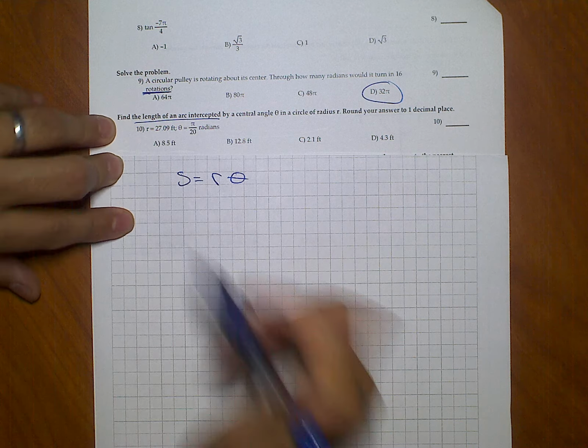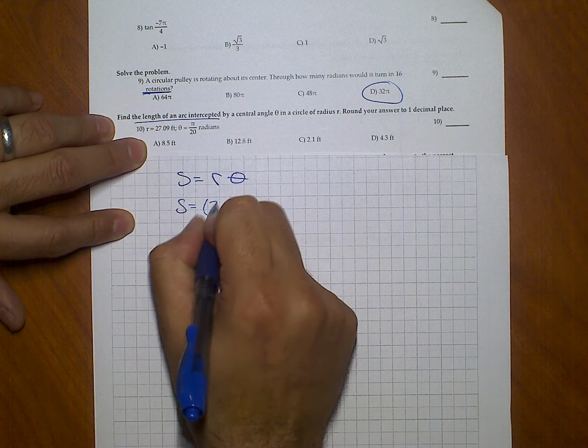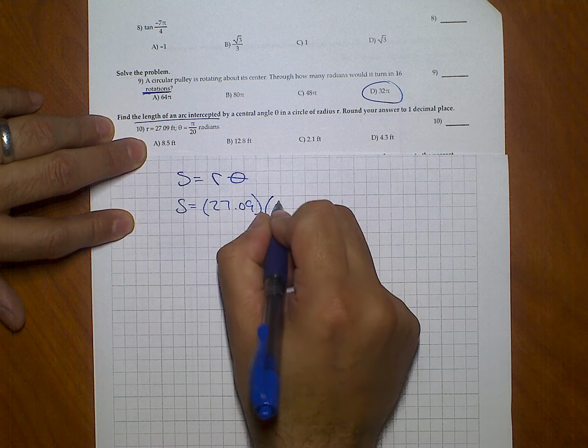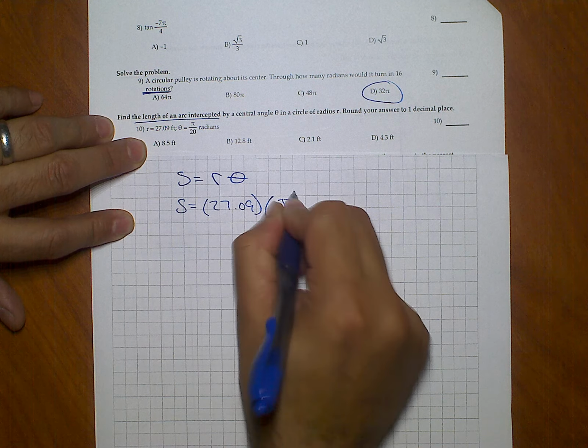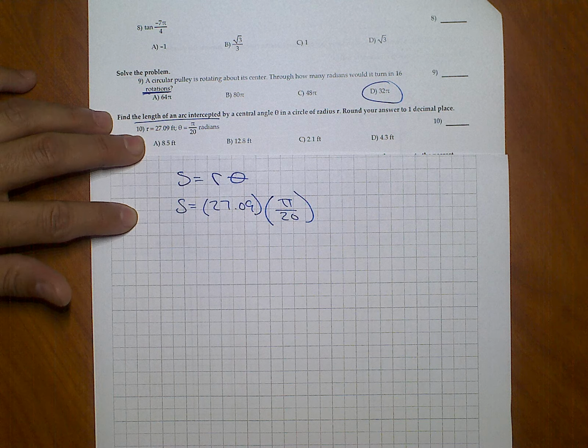Anyway, so S equals r theta. So S is r, which is 27.09, times theta, which is pi over 20. Trying to clear my scratch pad.